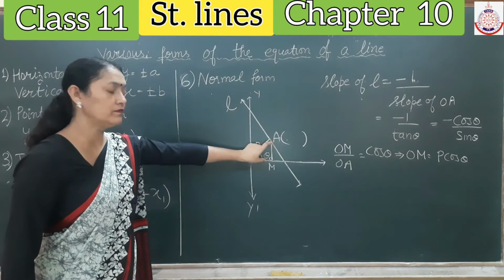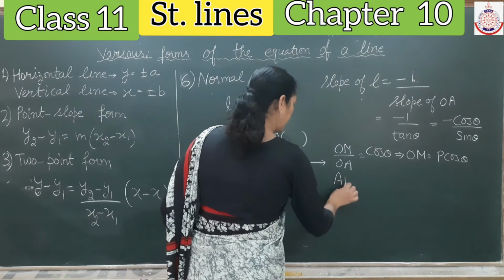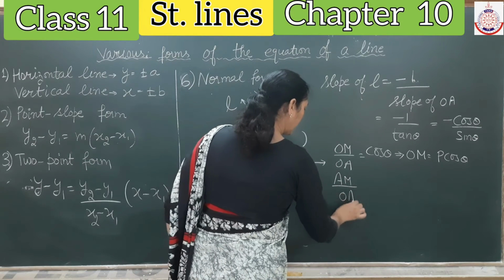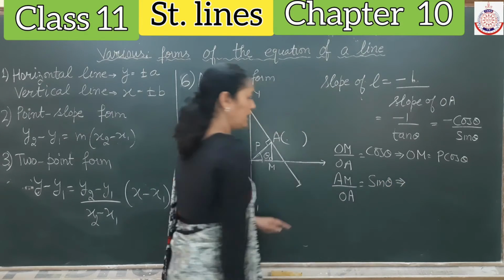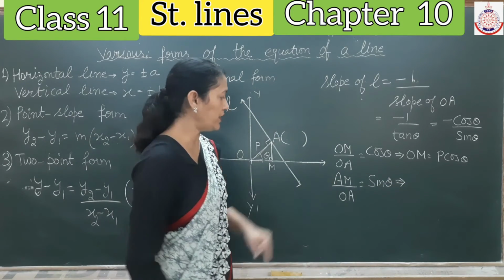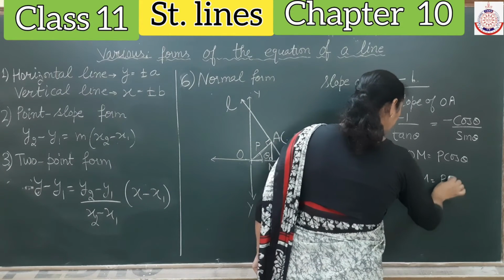AM, perpendicular upon hypotenuse, AM upon OA equals sin theta. Again OA is P, so AM will come out to be P sin theta.